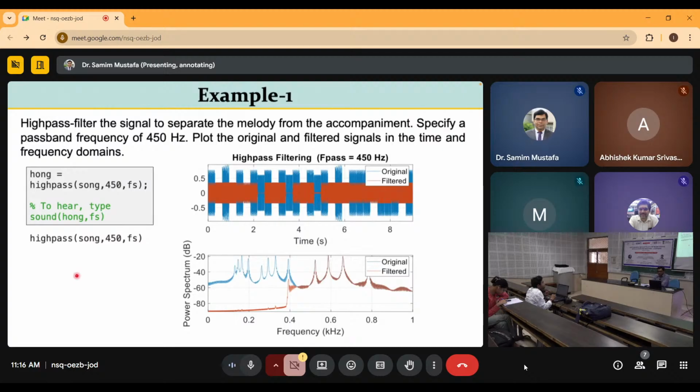Abhishek, are you able to apply this high pass filter to the melody that you got in the last slide? No? You don't have that toolbox? Is it not working?